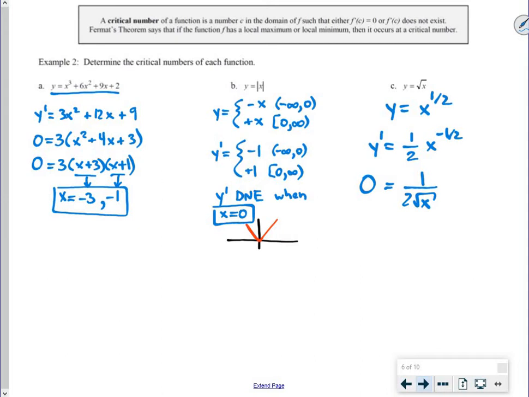When's that going to happen? Well, maybe first let's look at this thing. Looking under the root symbol, that can't be 0, because otherwise we'll divide by 0, which would be an issue. So we need x not equal to 0.